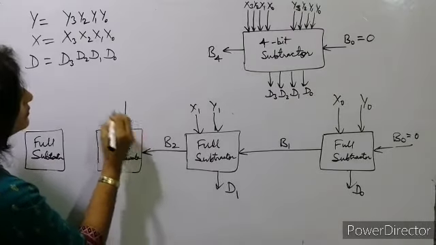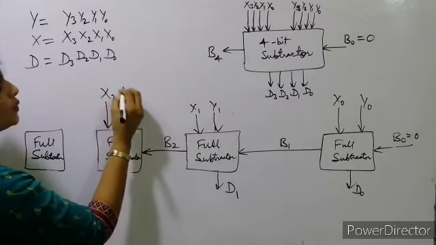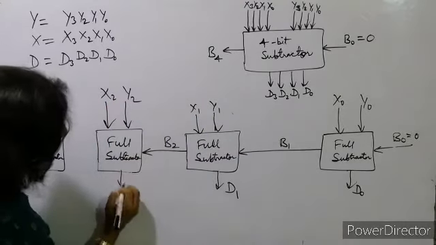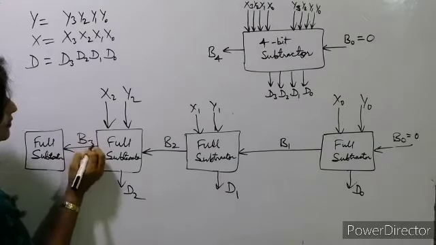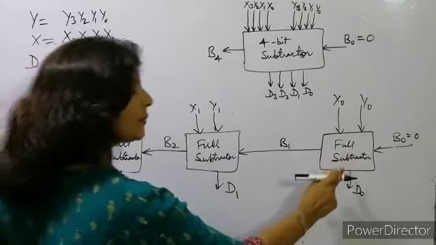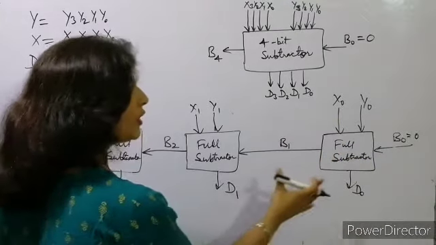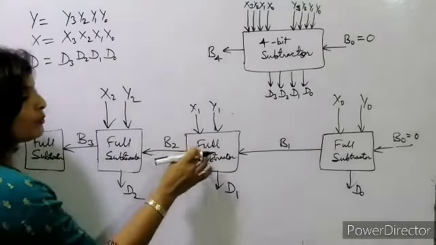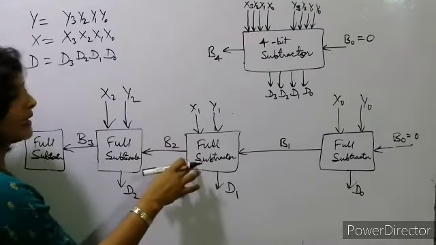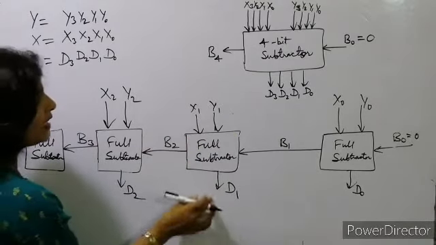Okay, now x0, x1, x2, y2, d2, okay, and b3, okay. So b0 is coming here, borrow came with x0 and y0, and the outputs we got are d0 and b1. Again b1 will be considered as input for the second one, meaning for the next order bit. So x1, y1, b1 will be inputs and the outputs will be d1 and b2.